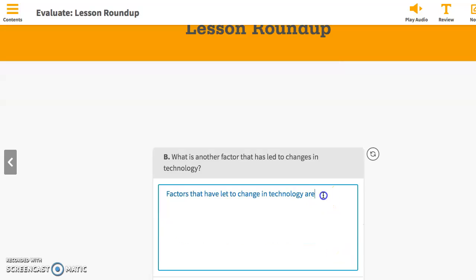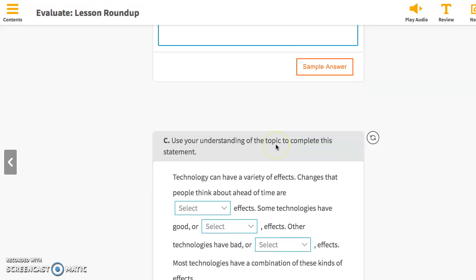Okay, so factors that have led to the change in technology are that people wanted cars to be safe and use less gas. That is why cars have gotten smaller and have seat belts now. Just using the information that we know.